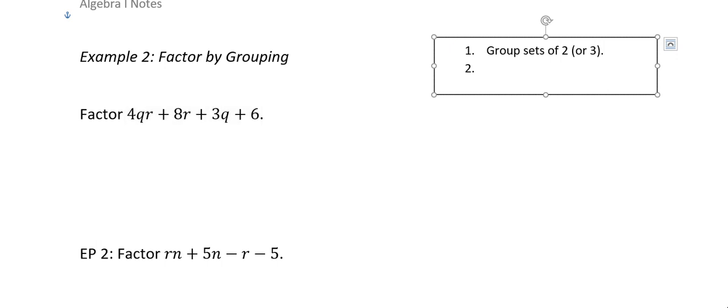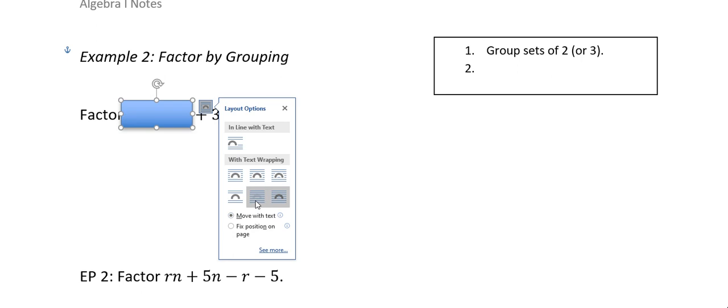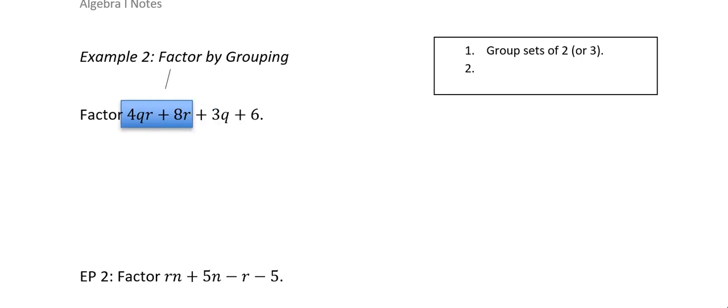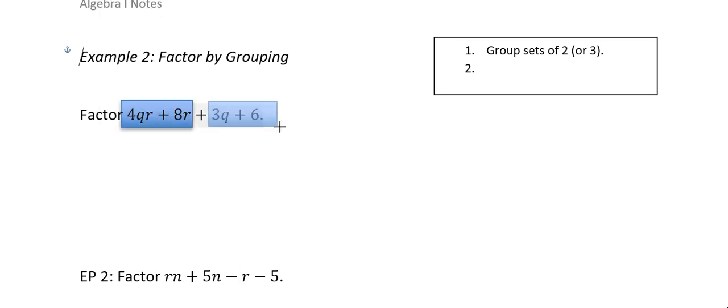So here, we're going to take this first thing, and I'm going to group these 2 together, and I'm going to group the second set of 2 together. So that's my grouping.